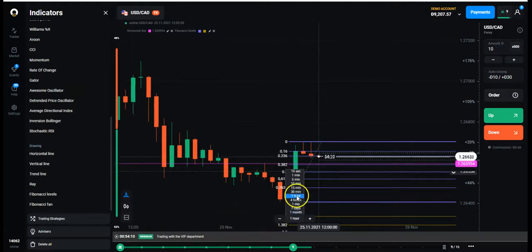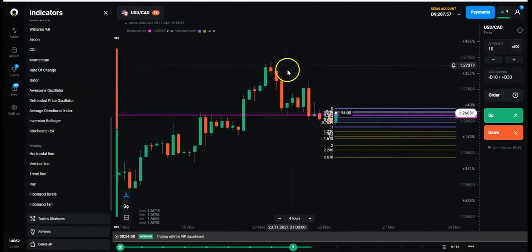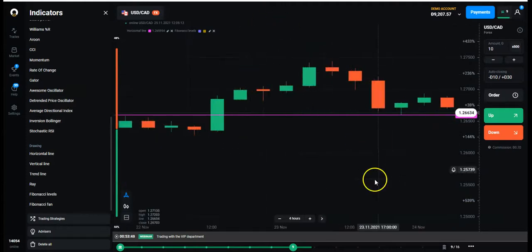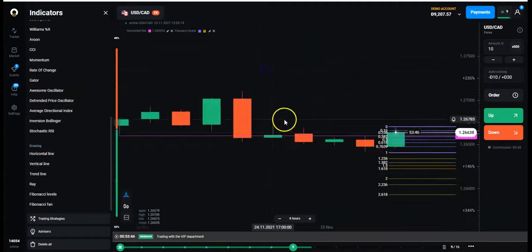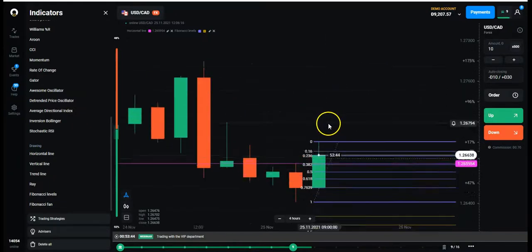If that's the case, then this is a very good risk to reward trade, because I've got this much risk and I'm looking at this much reward. So that's several multiples, about I'd say 3 or 4, it looks like, maybe more. So this is another what looks like a high probability trade.